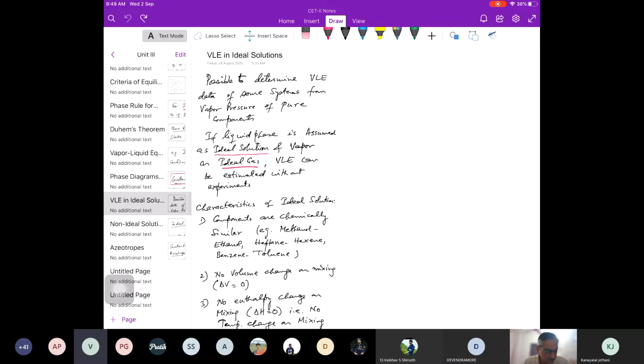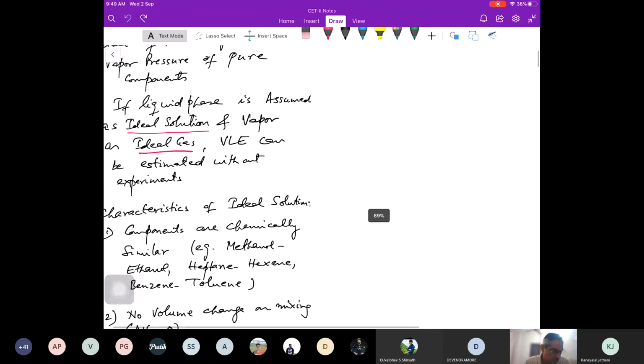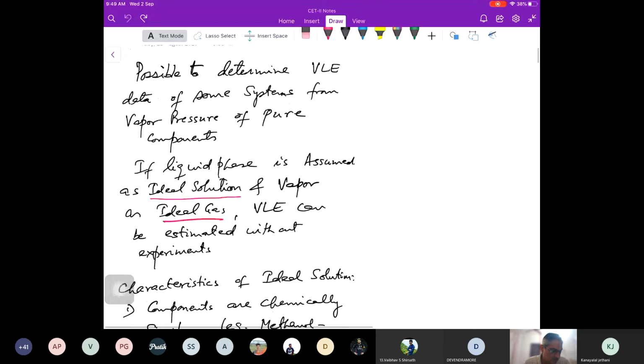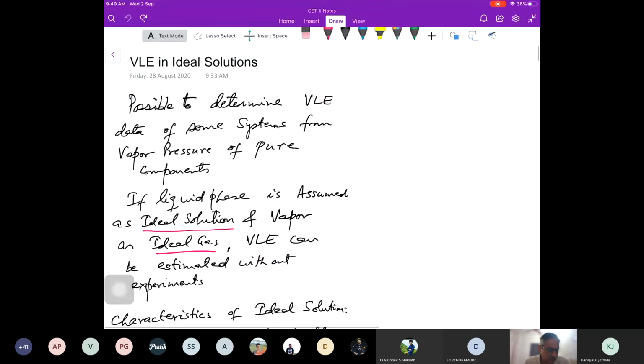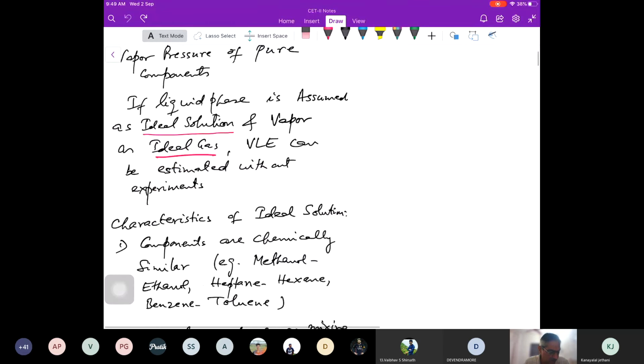By using the Antoine equation. Yes, by using the Antoine equation we can find the vapor pressure, right? So if the liquid is assumed as ideal solution and vapor as ideal gas, VLE can be estimated without experiments because we have equations for calculating vapor pressure, and we'll see how to do it.